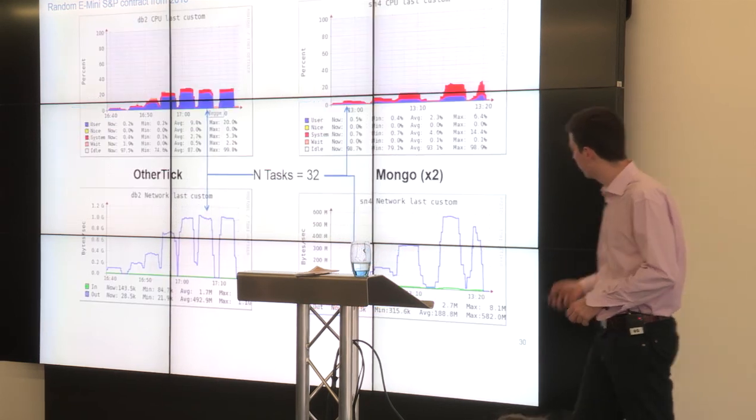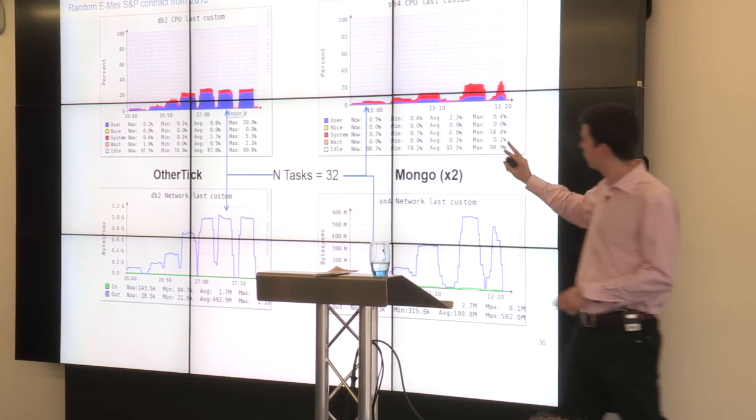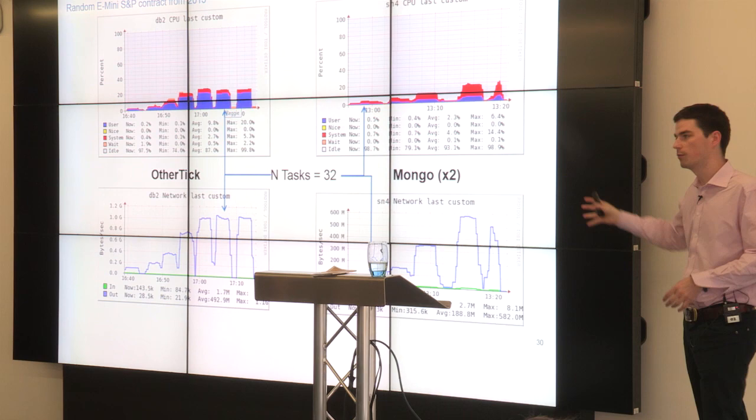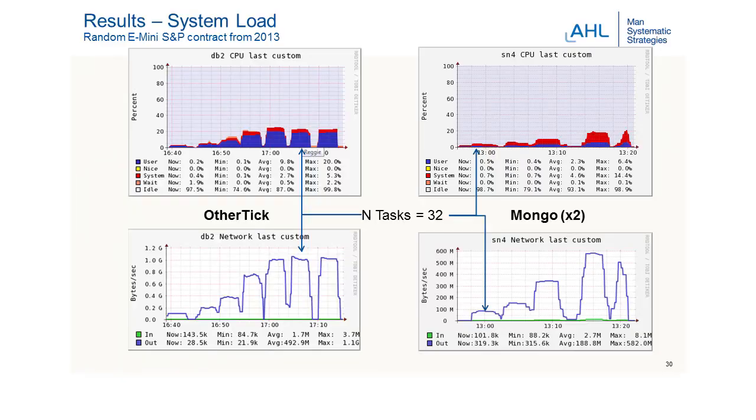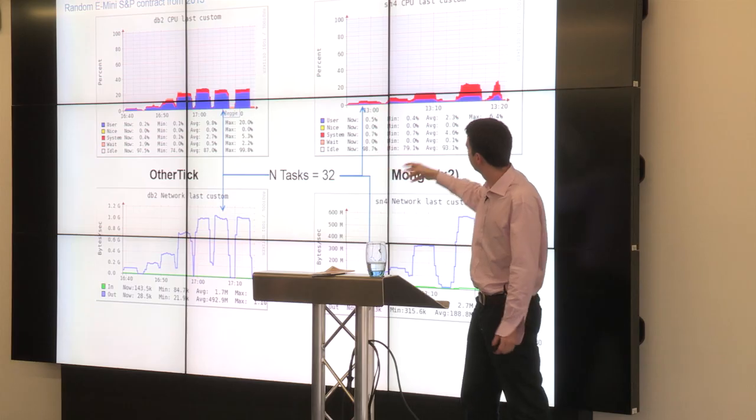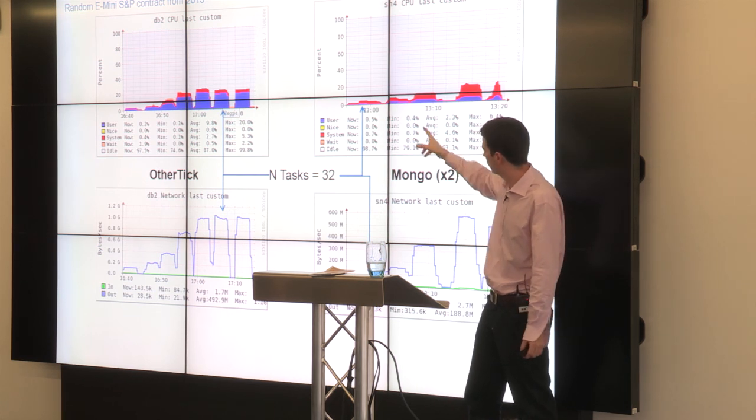And then finally, I'm going to show you some graphs of the load on the boxes while they do this. On the left-hand side, we've got the tick store, and on the right-hand side, we have the Mongo store. I've highlighted when the number of tasks was 32, which is where this graph here starts.